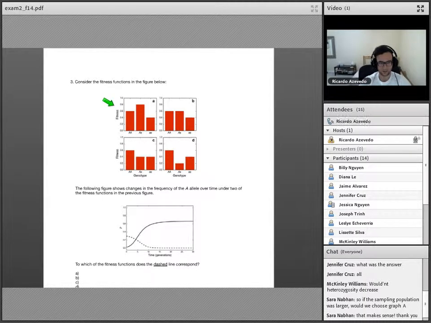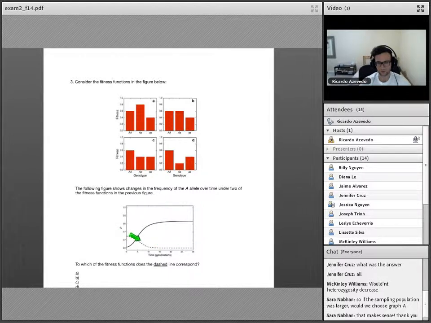The following figure shows change in the frequency of allele A over time under two of the fitness functions in the previous figures. So this one is the change in P over time. To which of the fitness functions does the dashed line correspond? So the dashed line, as you can see, is a line that starts at some point and goes down to 0.